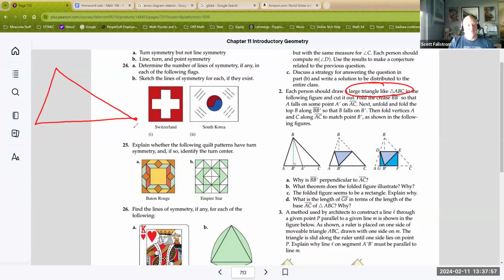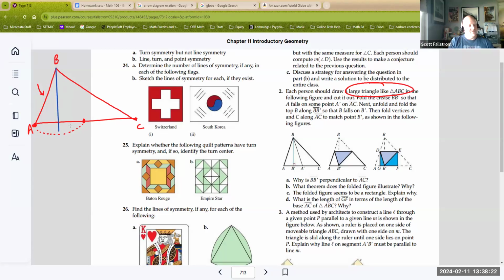Now what you do is fold this side. We'll call this A, up top is B, and over here is C. We're going to take point A and fold it over so that when I crease down from B, I get a perfect 90-degree angle. Does that make sense?